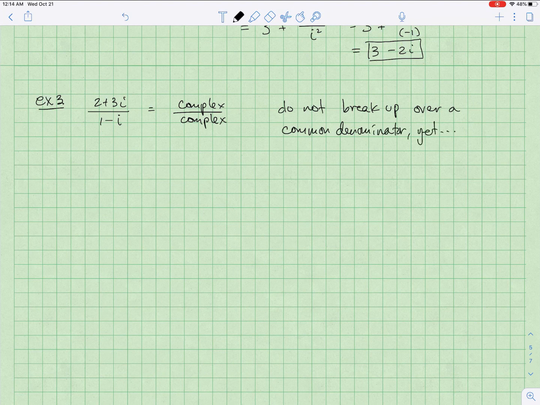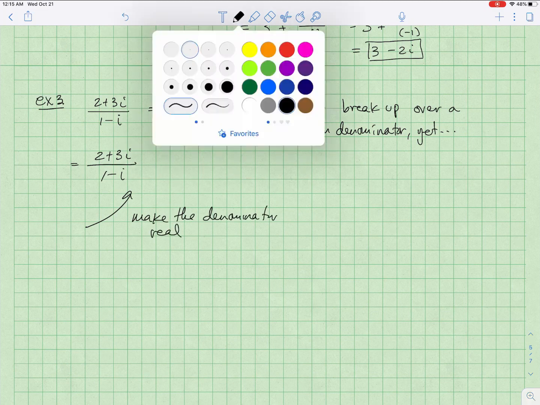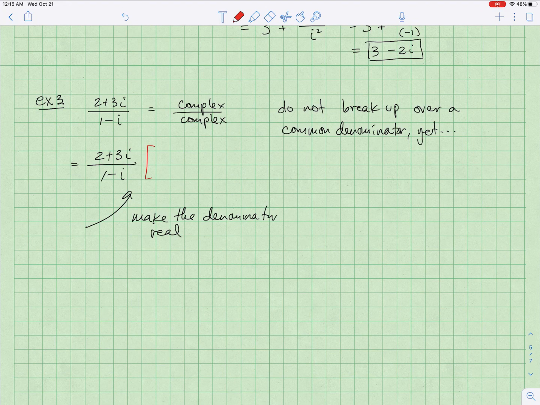The first thing that we're going to do is take 2 plus 3i over 1 minus i, and make the denominator real. We're going to do that by multiplying top and bottom by the conjugate of the denominator, 1 plus i over 1 plus i.